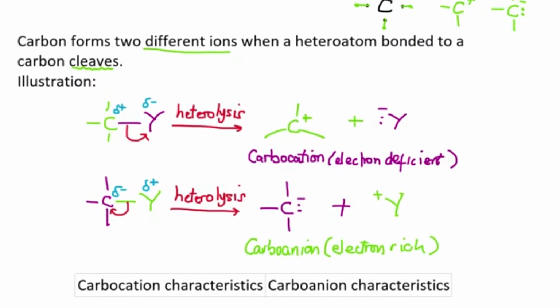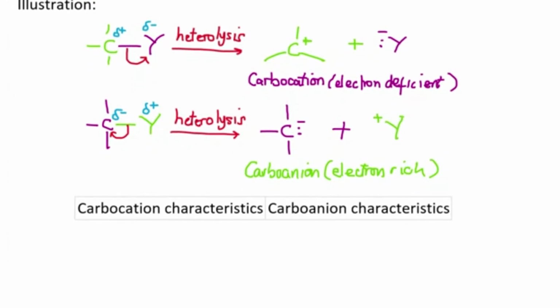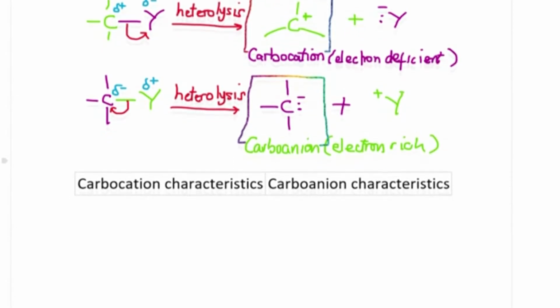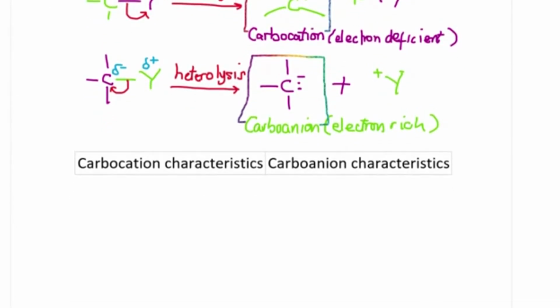Now, having noted these two categories, category 1, the formation of a carbocation, and category 2, the formation of a carbanion, which is an electron-rich species, we're going to see the characteristics of a carbocation versus that of a carbanion.